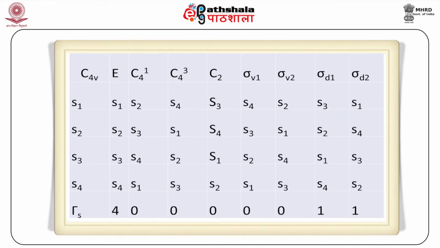Sigma V1, sigma V2, sigma D1, sigma D2 have already been defined. So, we have seen that under operation E it is not shifted, under operations C41, C43, C2, sigma V1, sigma V2, sigma D1 it is shifted, and under sigma D2 it is not shifted.